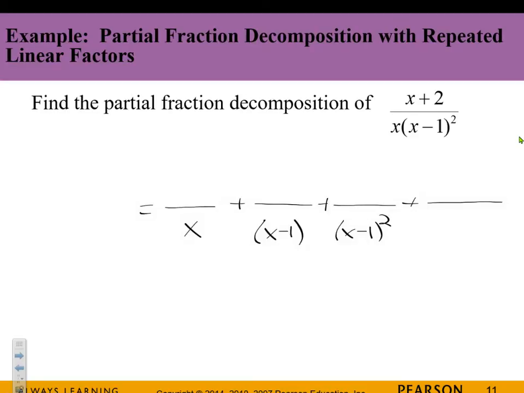No, not really. I mean, the last one was like x times x minus 1, but I think we're good here. I think that would be good enough. And then, of course, we would set this up with x plus 2, x minus 1 squared. What would we put up there? A, B, and C. Okay?